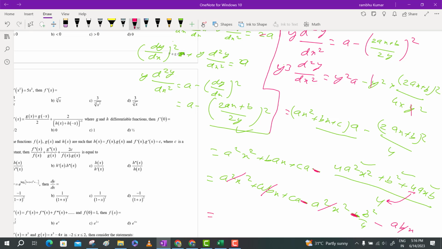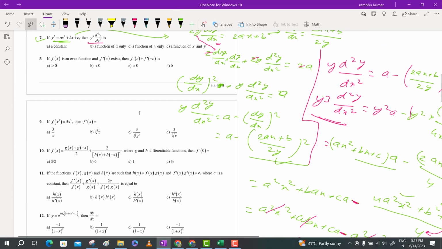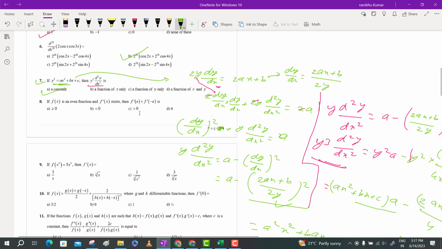So we have ca minus b square by 4, and this is a constant term, correct? There is no variable, not x as well as not y, which means y cube d square y divided by dx square is equal to ca minus b square by 4, which is a constant. So from the options we can see option A is the correct one.